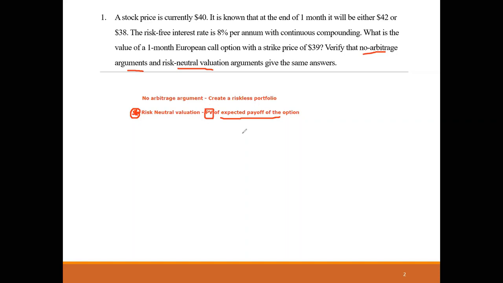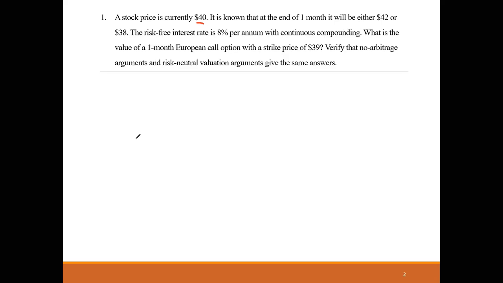Read the question. It says a stock price is currently 40. So today the value of the stock price is 40, and it is known that at the end of 1 month it will be either 42 or 38.